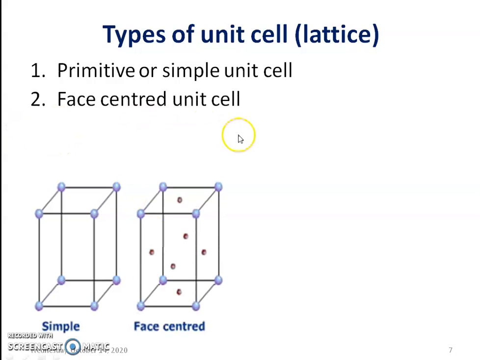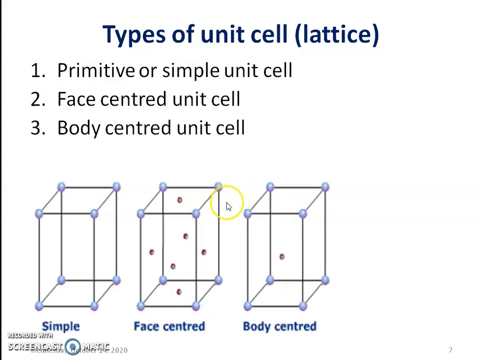Another type is the face centered unit cell. In a face centered unit cell, lattice points occupy the 8 corners of the unit cell as well as the centers of each face. There are 6 faces and lattice points occupy the centers of each face in addition to the corners.